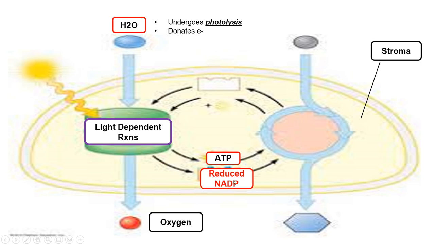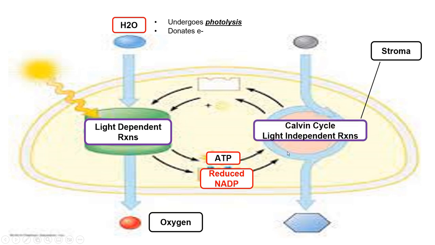These products that were generated through these complexes in the thylakoid membrane are then going to go out into the interior of the chloroplast, which is the stroma, and they're going to feed into something different called the Calvin cycle, or the light-independent reactions. What's going to happen in the Calvin cycle is that carbon dioxide from the air is going to be stitched together by our old buddy Rubisco.